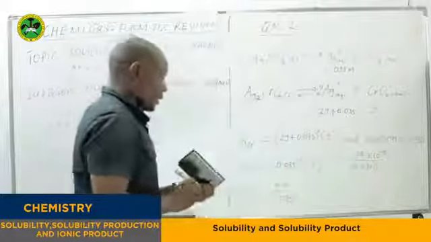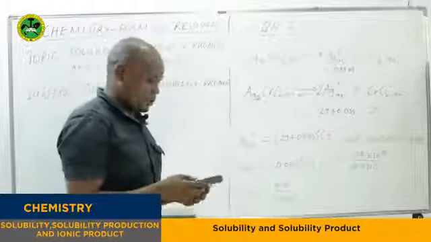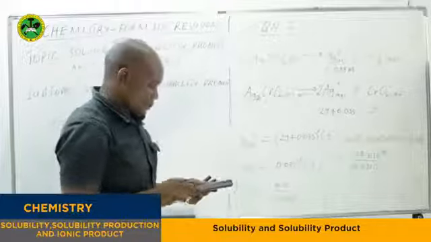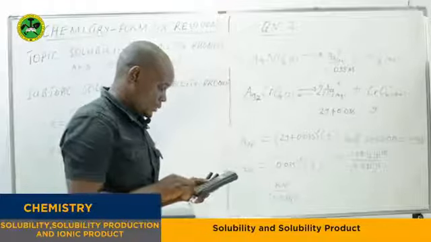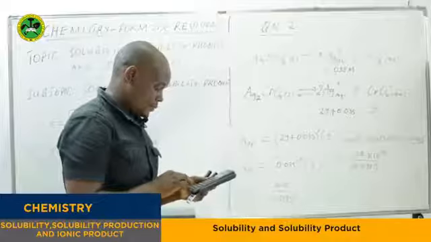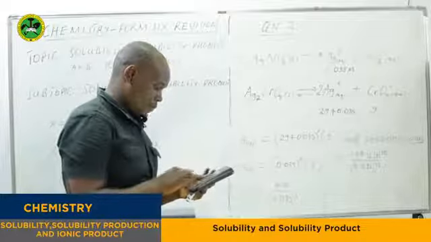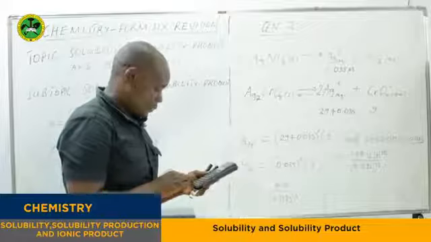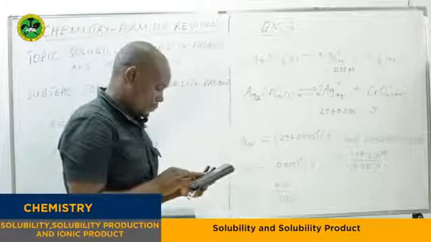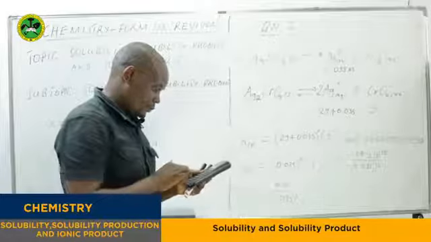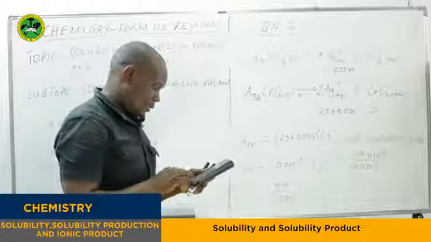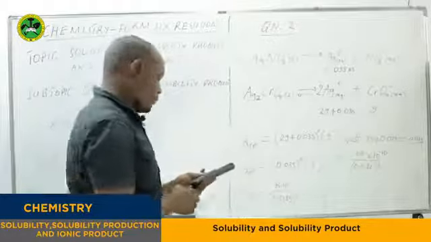So take it and feed it into your calculator: 1.08 exponent negative 10, divided by 0.035 squared. Then the answer is 80.8.